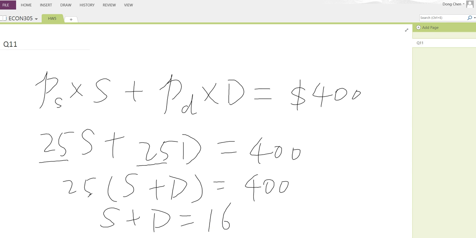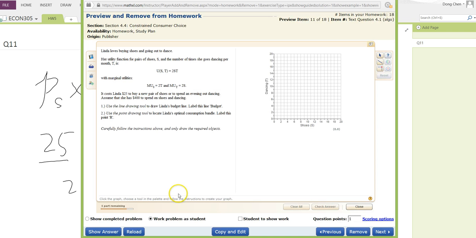So S plus D equals 16. That's the budget line. Going back to the problem, if S plus D equals 16, then on both the vertical axis and horizontal axis, the intersection is 16.